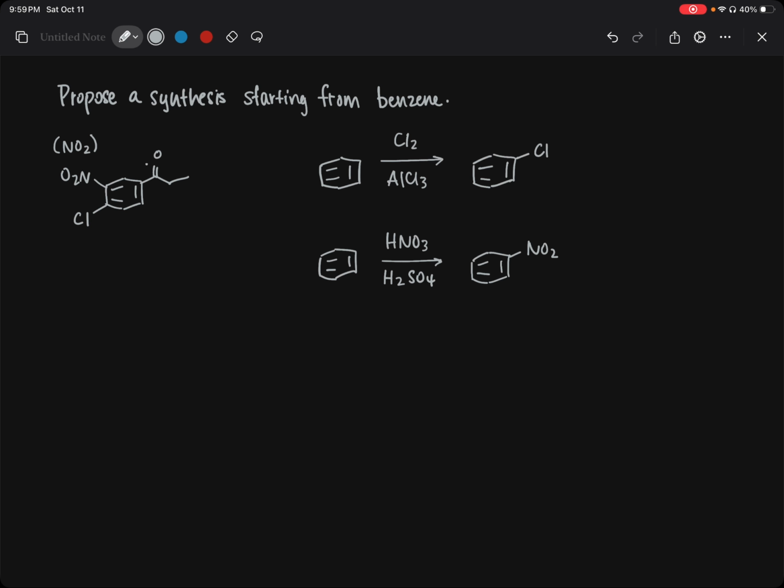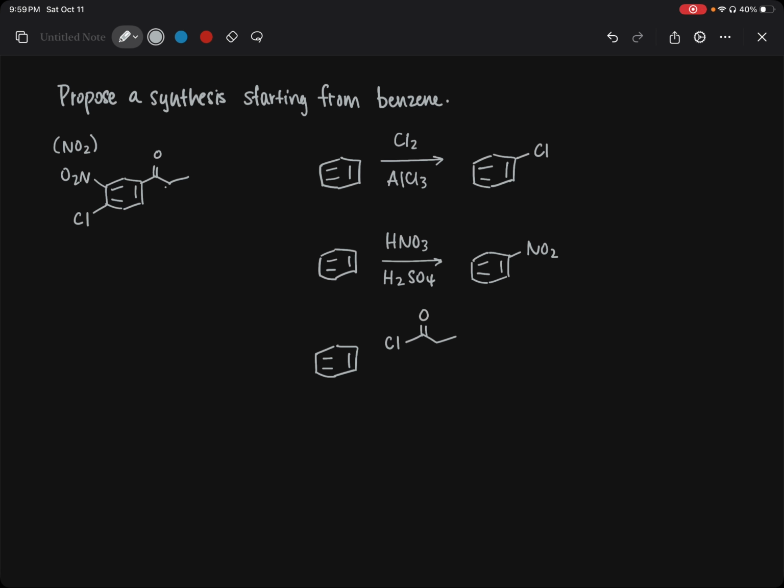And then finally, we also have to put on this acyl group here. So the reaction that we use to install an acyl group is the Friedel-Crafts acylation. So let's do that one, again starting from just plain benzene. And to do a Friedel-Crafts acylation, we need the acid chloride of that acyl group that we want to add.